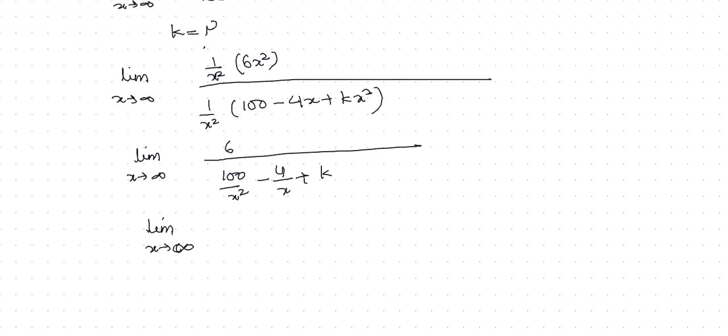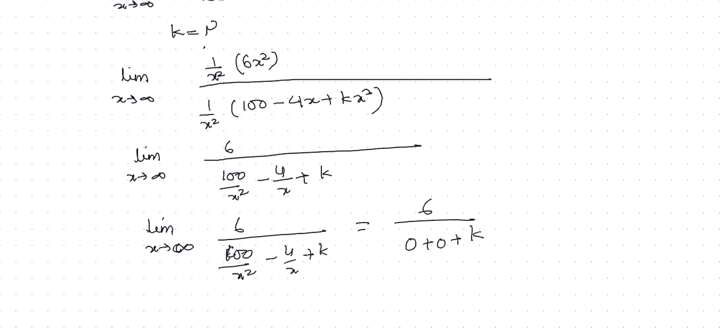We know that 1 over infinity is 0, so 100 over infinity would be 0. So this would be equal to 0 plus 0 is equal to k.